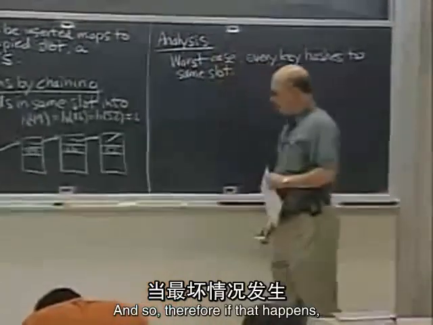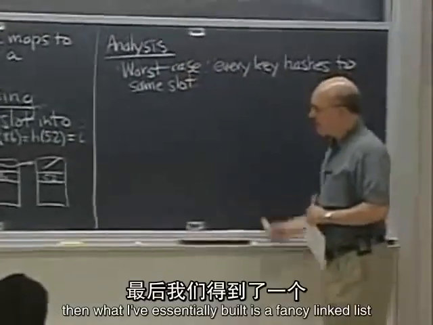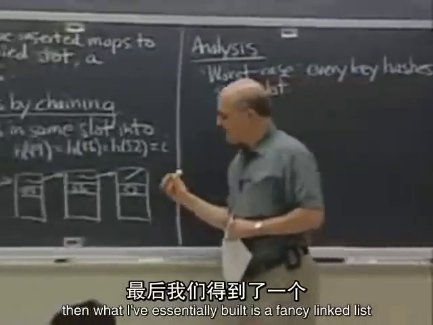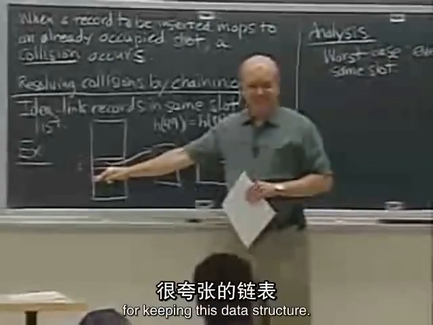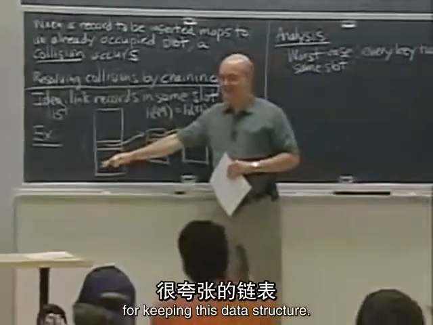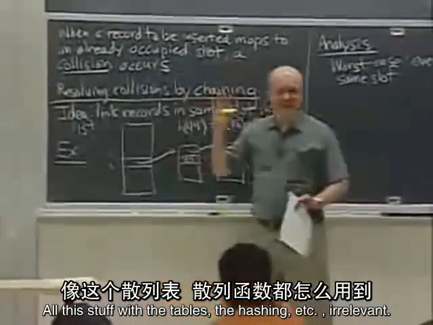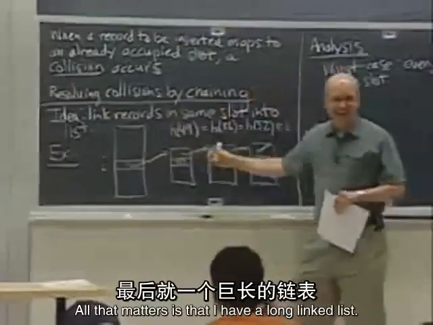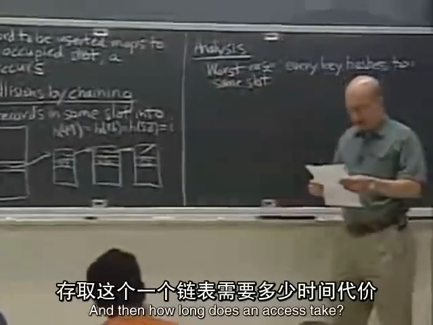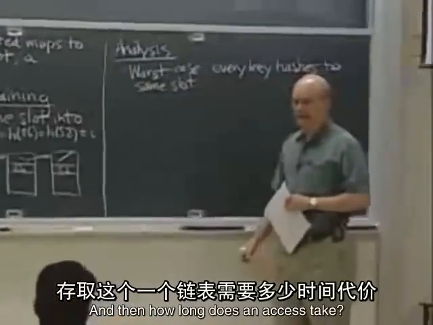And so if that happens, then what I've essentially built is a fancy linked list for keeping this data structure. All this stuff with the table, the hashing, etc., is irrelevant. All that matters is that I have a long linked list. And then how long does an access take?